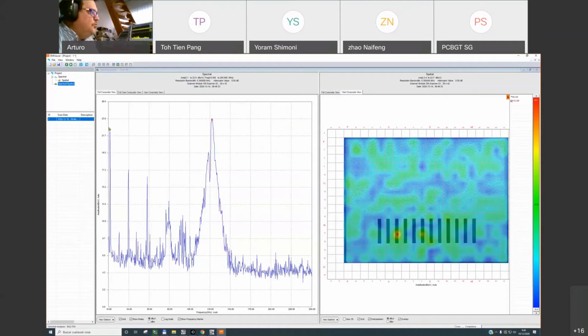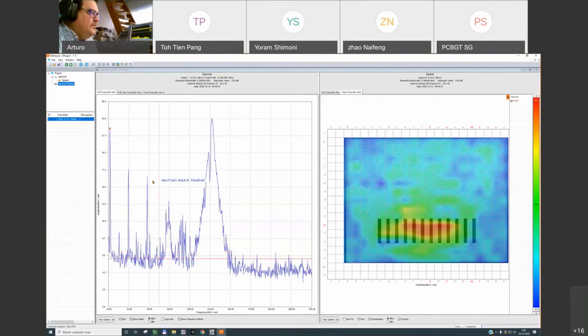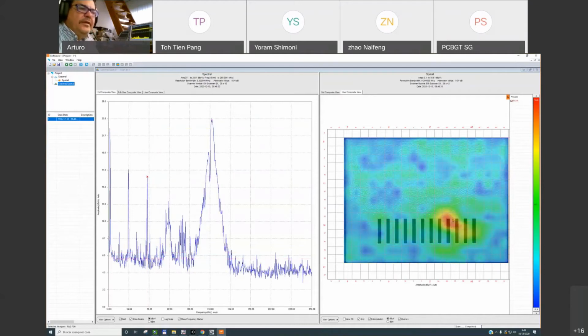But if you say, no, I am interested in this frequency, let me go here to this peak. Where is the third harmonic, the fifth harmonic? The fifth harmonic is coming from this area. Or where is the third harmonic? The third harmonic is coming from this area. So you can identify exactly in what part of your enclosure design the leakage you are identifying is.